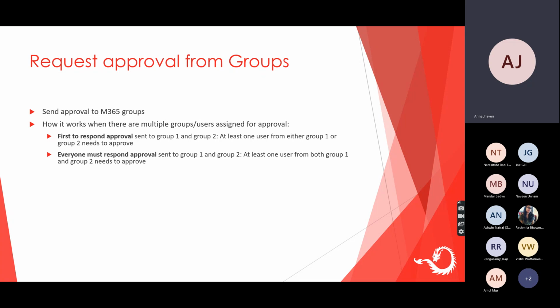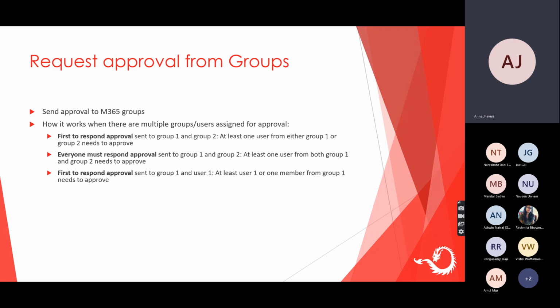For example, if you are sending the request to two groups, then if one person from group 1 and one person from group 2 both approve, the approval request is considered to be complete. So it's not that all users of both of the groups need to respond. One user from each group needs to respond for the approval request to complete. So this is a little tricky one.